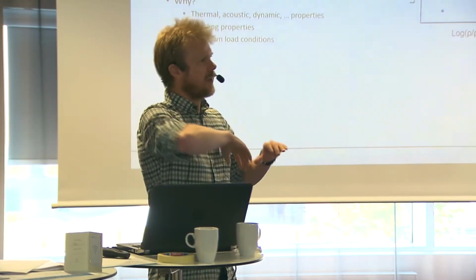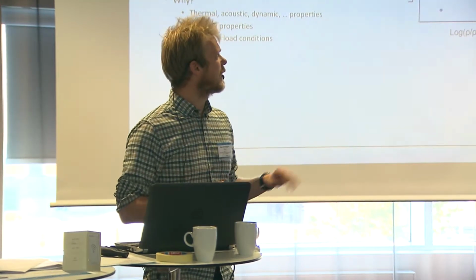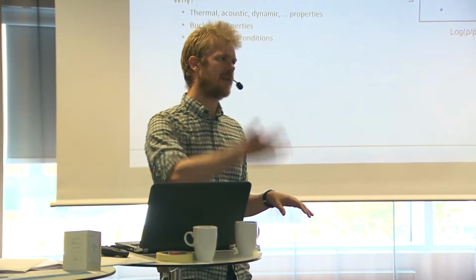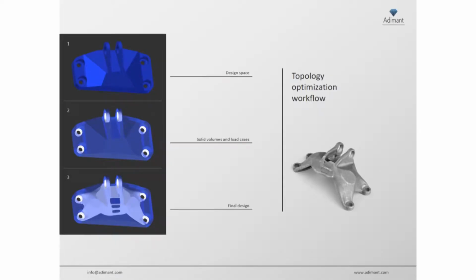So that's a very quick whirlwind tour of lattice structures, and now I'm going to talk a little bit more about topology optimization, which is a different design paradigm. So in topology optimization, you typically start out defining a design space. This is where my algorithm is allowed to place material.